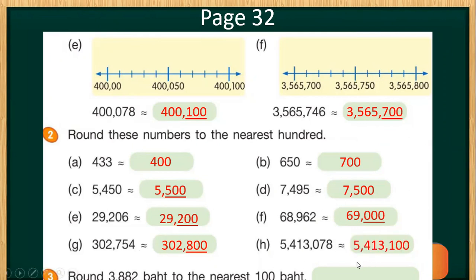The answer is 5,413,100. For the last part, number 3, round 3,882 baht to the nearest 100 baht. The correct answer is 3,900.